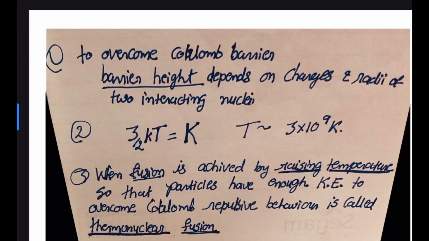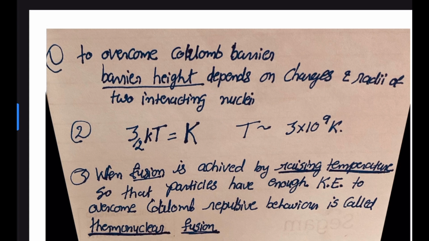To experience nuclear force, two nuclei must come closer. But they are positively charged particles, so when they come closer they experience a Coulomb force of repulsion, and they must overcome this barrier. The barrier height depends on the charges and radii of the two interacting nuclei.